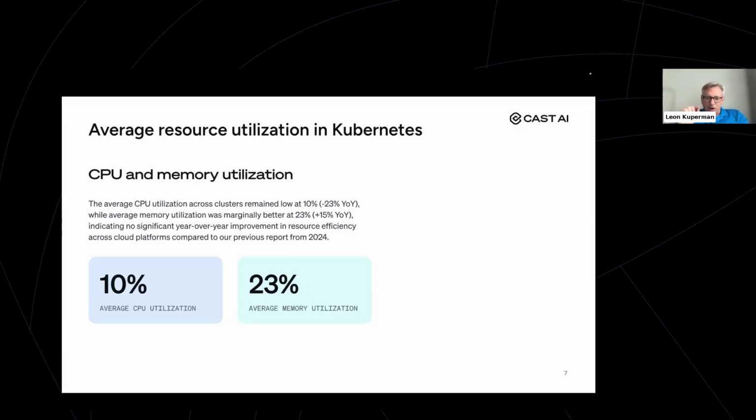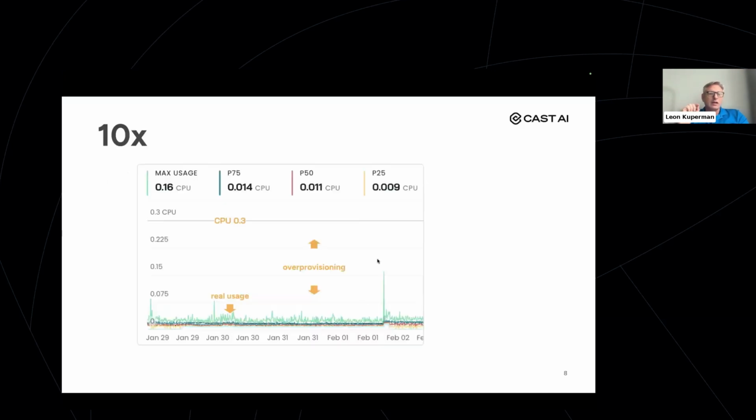And I think this is the part that's going to really show how bad over provisioning can get when we're talking about the resources that are typically over provisioned. Yes, exactly. This is a real world container with a request of just 0.3 CPU.